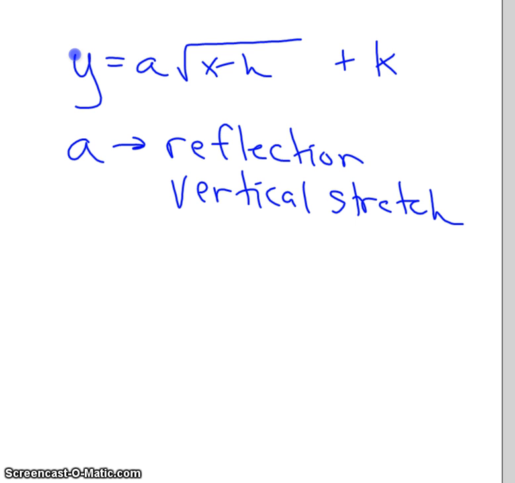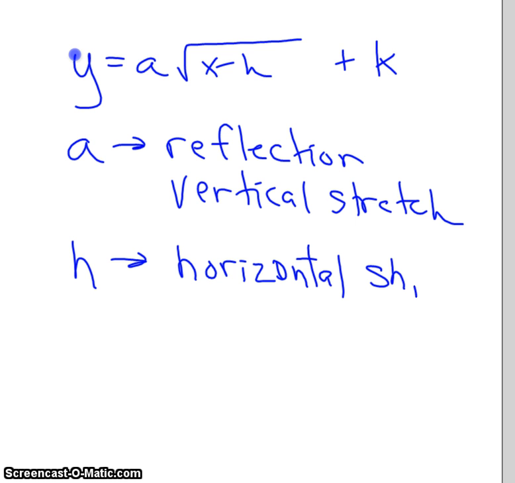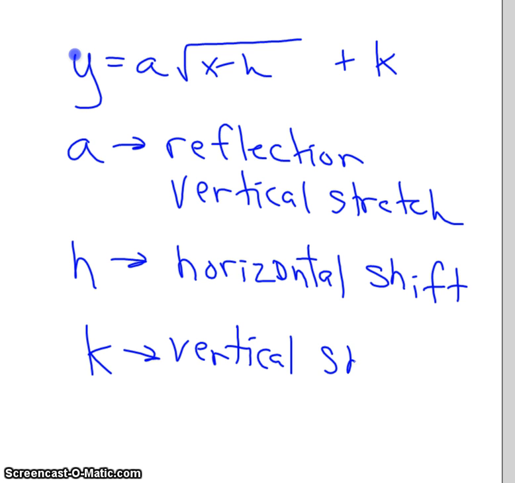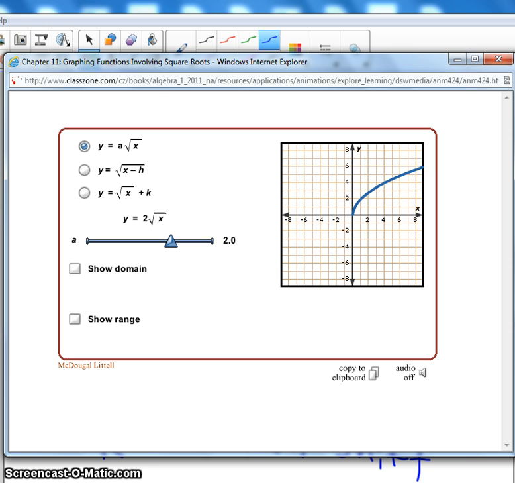And then if we have an H, we would do a horizontal shift. And then if we add a k value to the outside, this is a vertical shift. So this is a great illustration of those H, K, and A values.